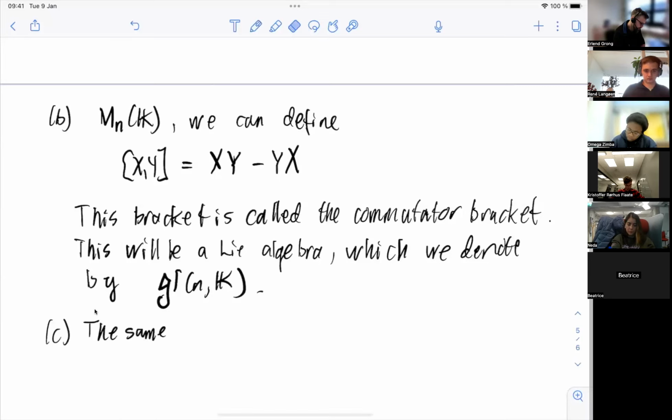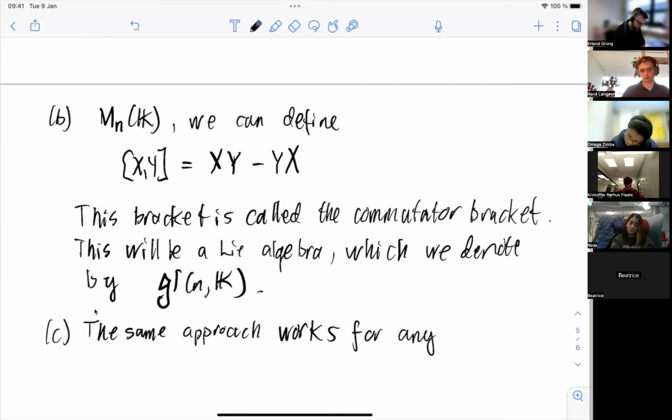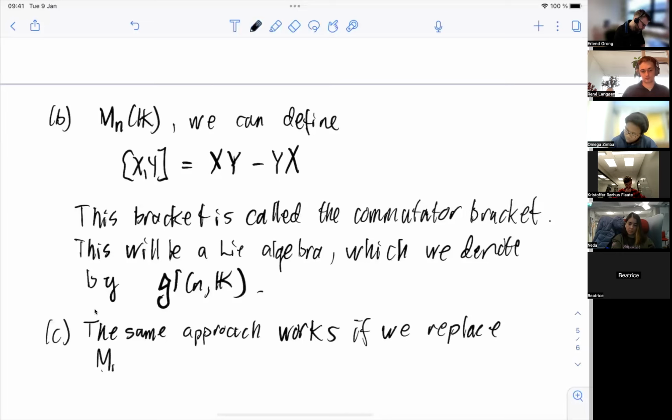And then, the same approach works if we replace the real or complex matrices with any associative algebra.